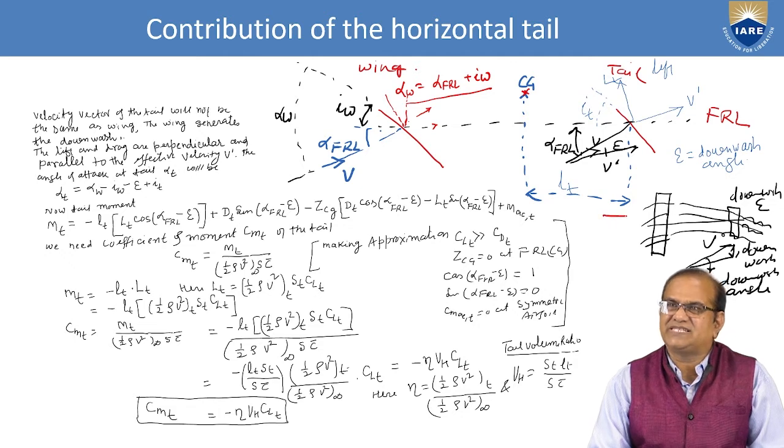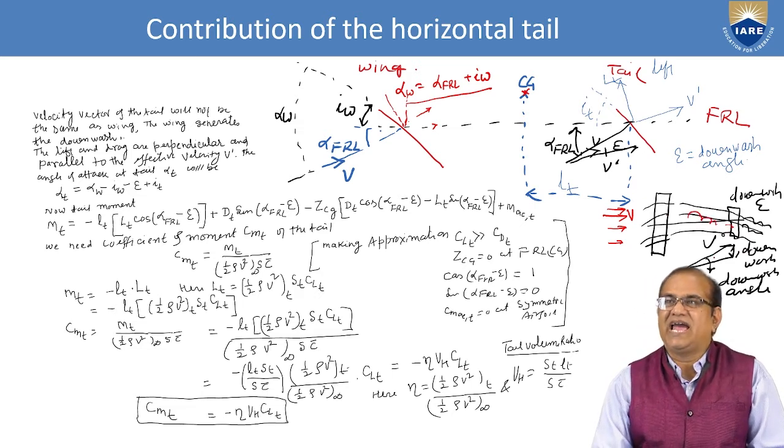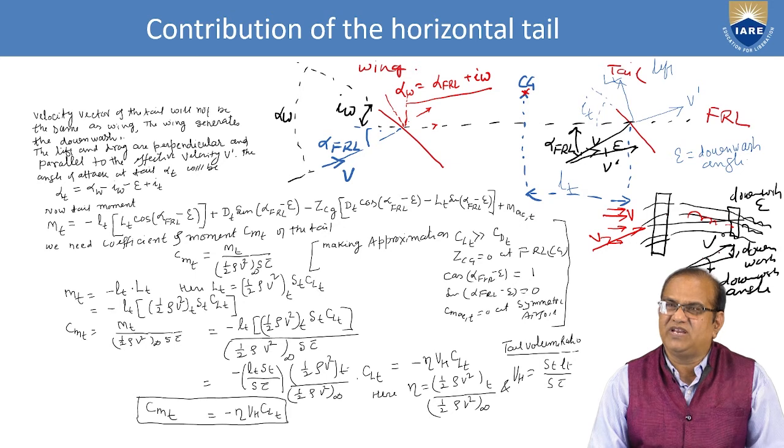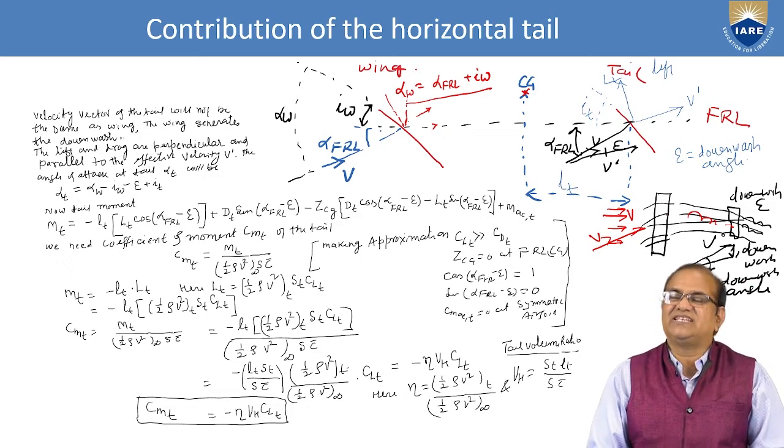When the air is passing over the wing, due to the downwash, vortices are formed, and these vortices go downwards. The relative wind V, which is coming in this direction, you will not get V, but you will get V prime, and the angle between V and V prime will be epsilon, and this epsilon is called the downwash angle. This downwash angle is generated due to the formation of vortices on the wing.